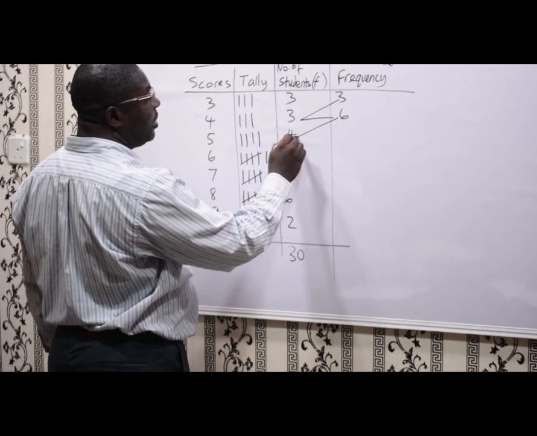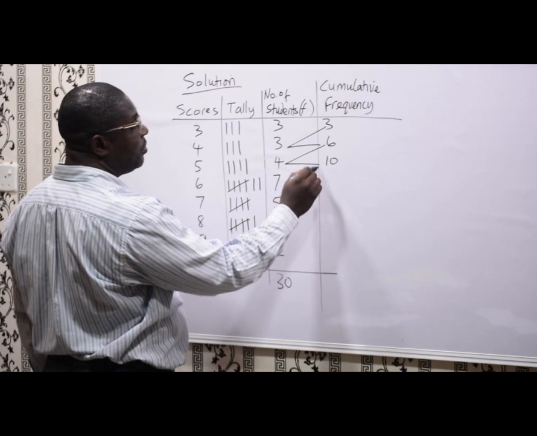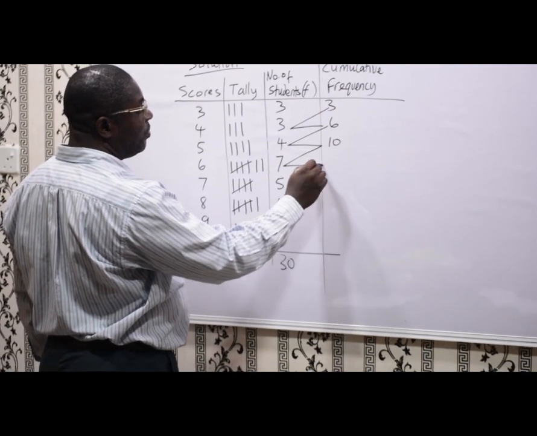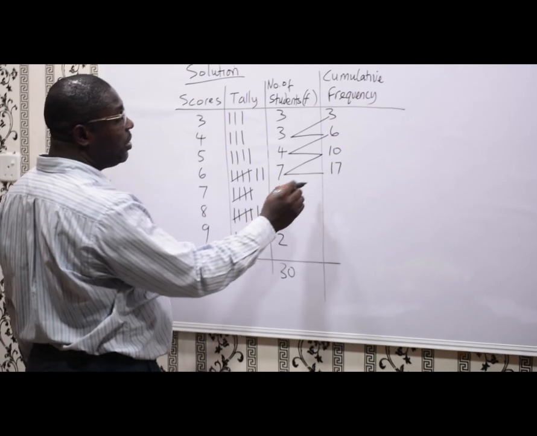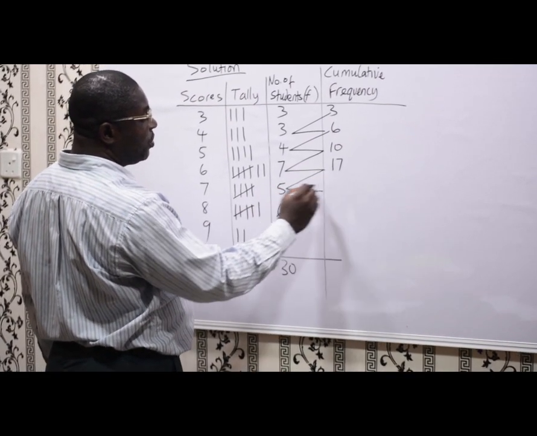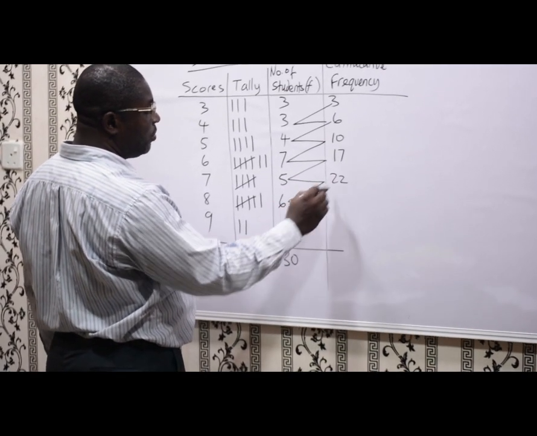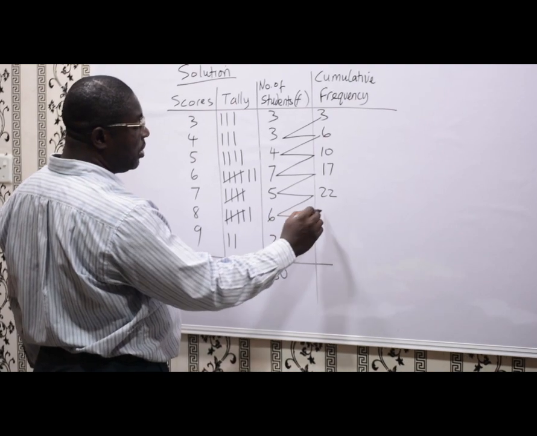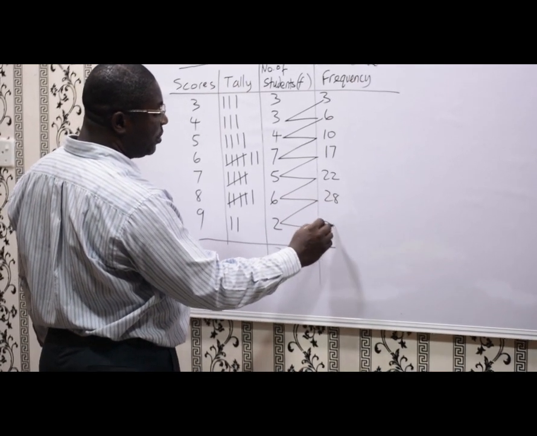And then I add this, 6 plus 4, I have 10. 10 plus 7, I'm going to have 17. I trust you're following what I'm doing. Then 17 plus 5, 22. 22 plus 6, that's 28. 28 plus 2, we have 30.